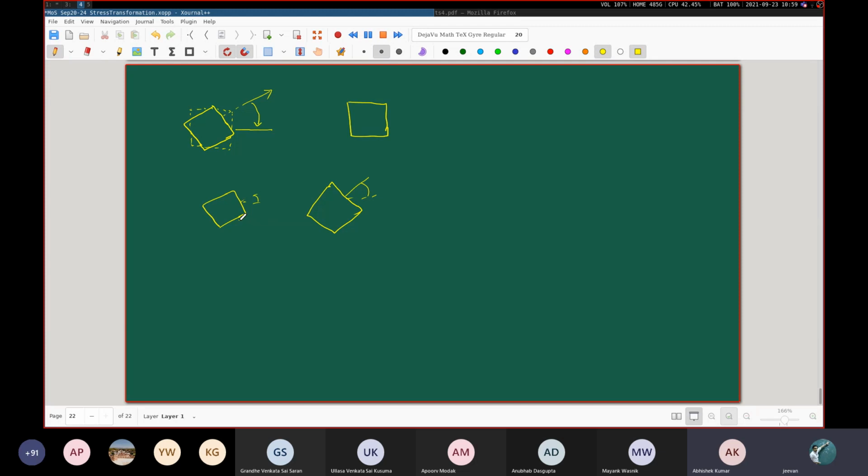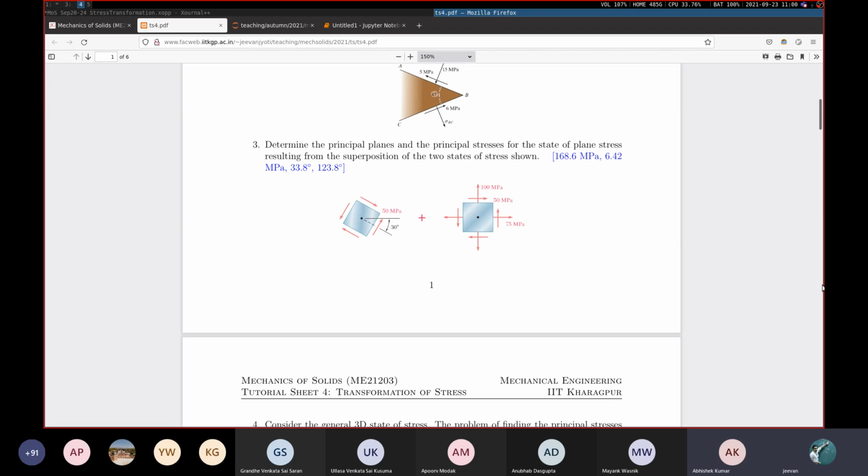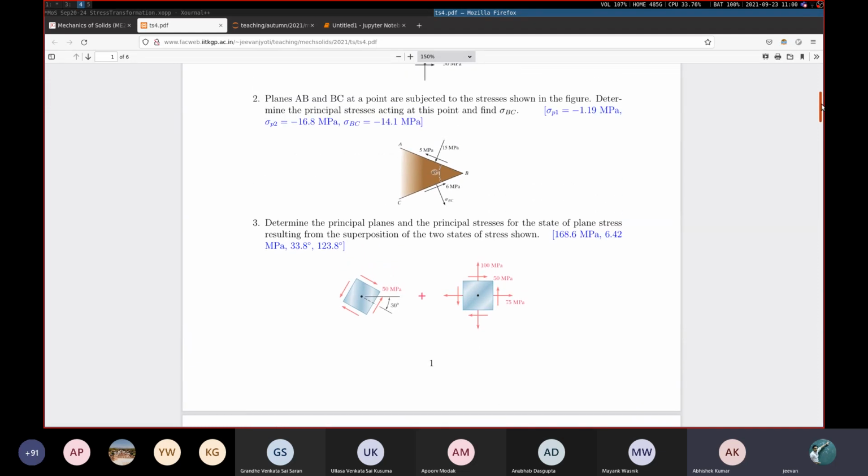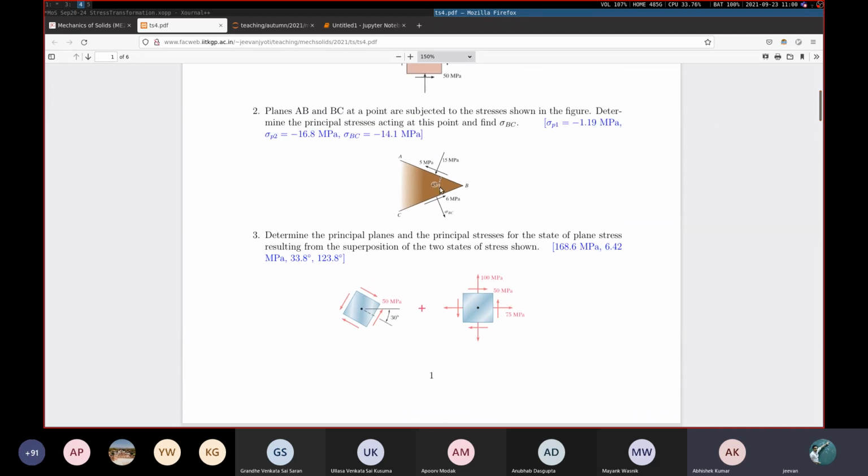Okay, so the best thing to do is to transform all of them to these kinds of nice orientations where this edge is actually vertical, this edge is actually vertical, and so on and so forth. So you can actually add them all up together. And the same kind of idea will be useful while solving this problem also, this second one. Okay, it may look a little bit tricky, this one, but ultimately it's just a case of stress transformation properly.